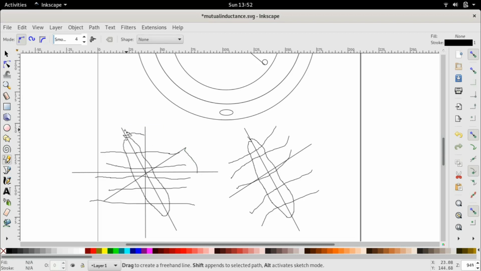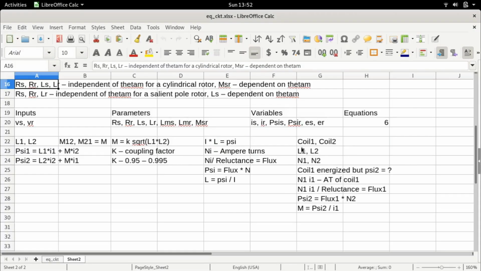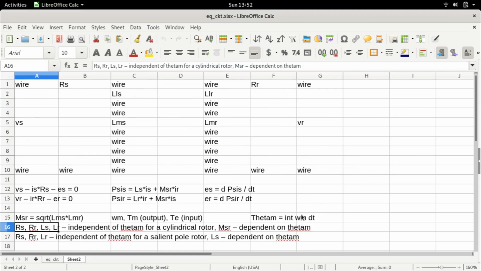So now this rotor is rotating at a speed omega. Let me go back to the Excel sheet. This rotor is rotating at a speed omega, resulting in a rotor position angle theta m.